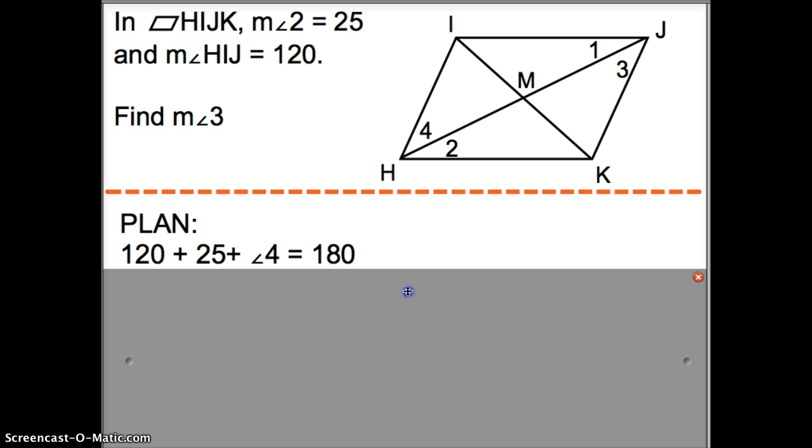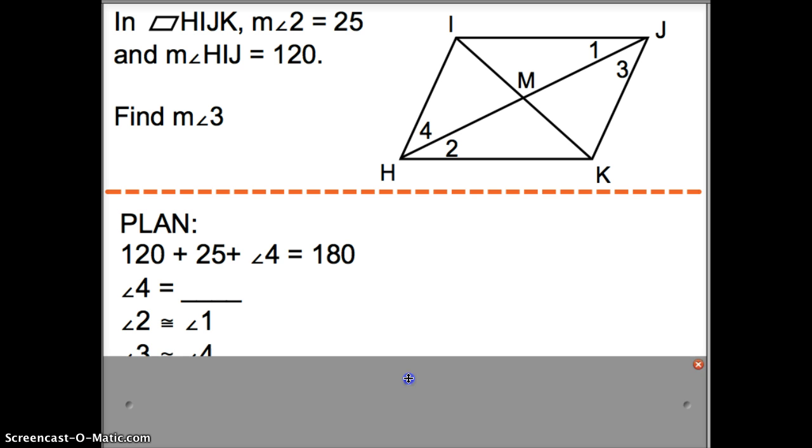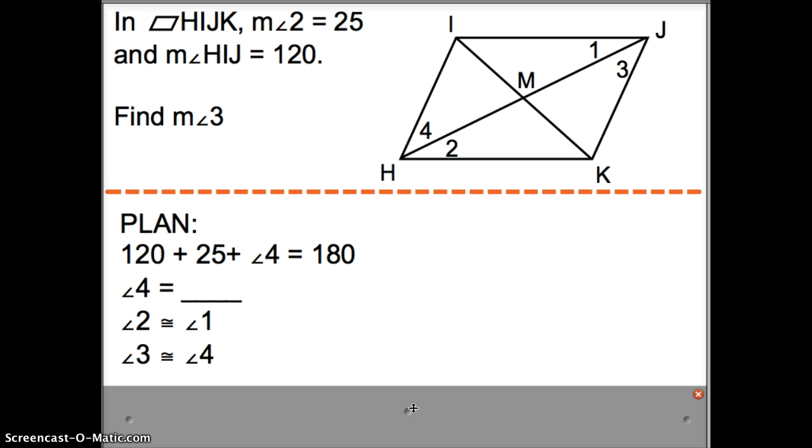In this case, we know that 120 plus 25 plus angle 4 equals 180. And you should know that because it's a parallelogram, opposite sides are parallel, creating a transversal where same side interior angles are congruent. So angle 3 equals angle 4, and from there we could solve and find that angle 3 equals 35 degrees.